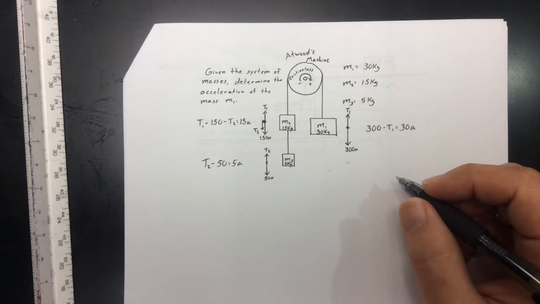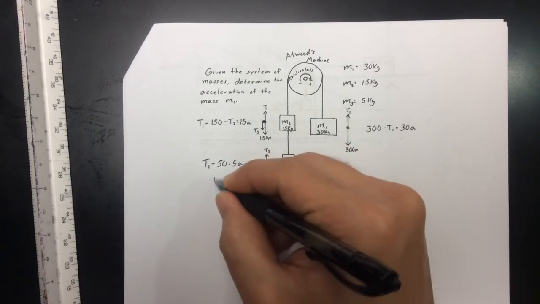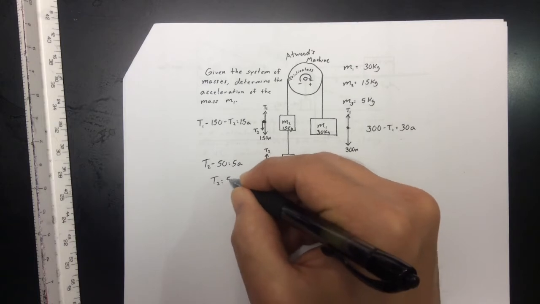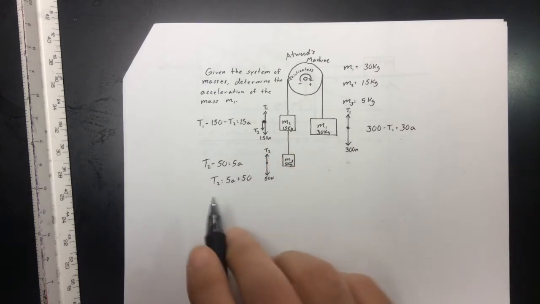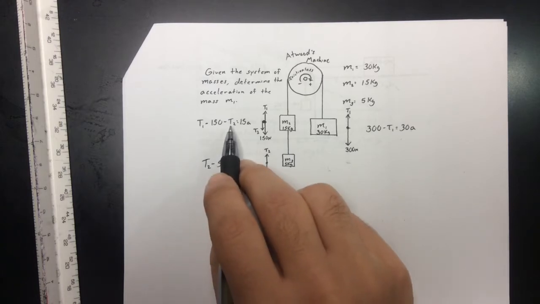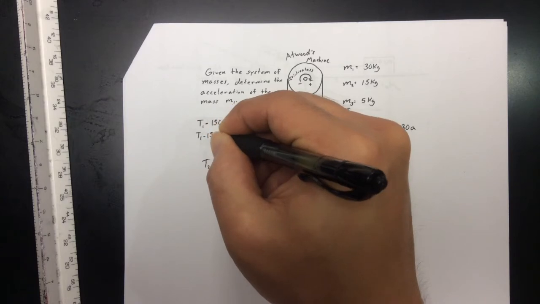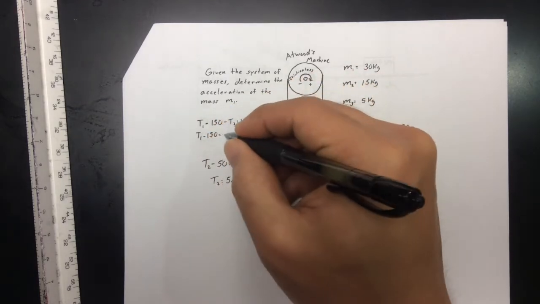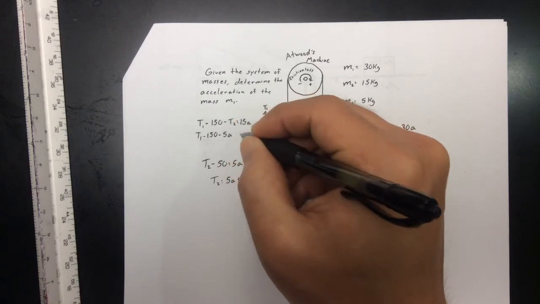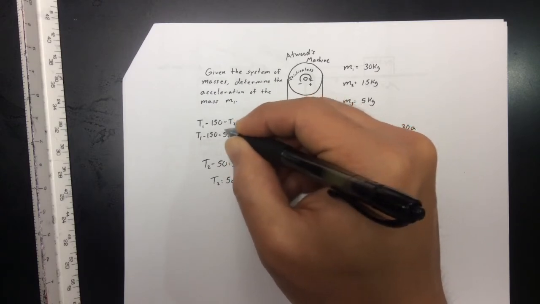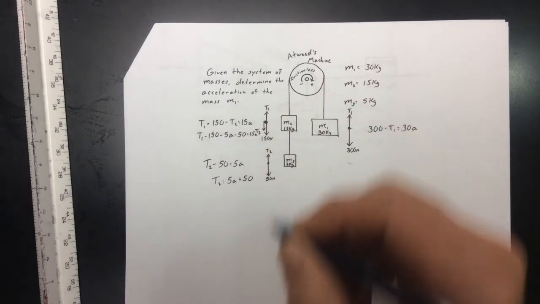So looking at this, we have an equation for T2. T2 is equal to 5a plus 50. And that's going to be useful because that's where we have T2 up here. T1 minus 150 minus T2, which is actually 5a plus 50, and I'll go ahead and distribute the negative over because it would be in parentheses in the first place, equals 15a.